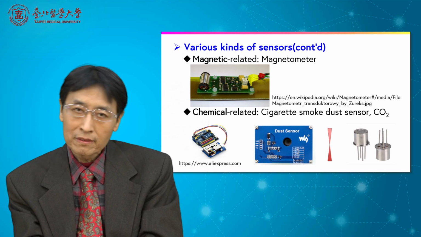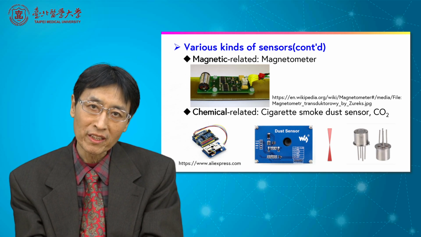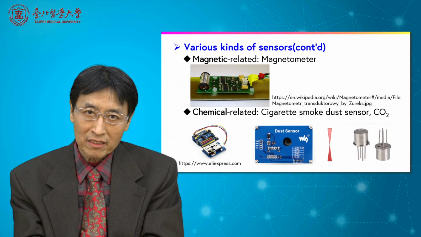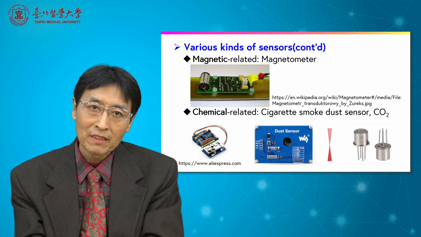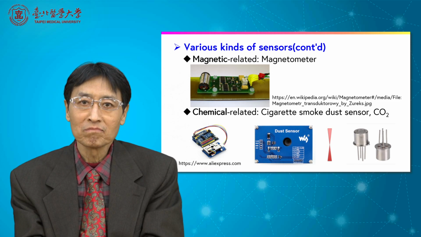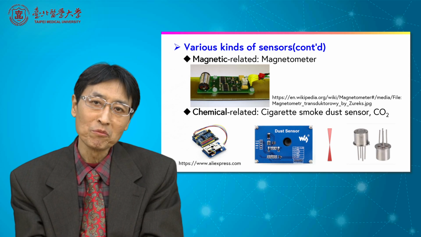Okay, next we look at the magnetic related. The most popular one is the magnetometer. Magnetometer basically measures the magnetic field. Chemical related sensors can measure some dust or some environmental information.